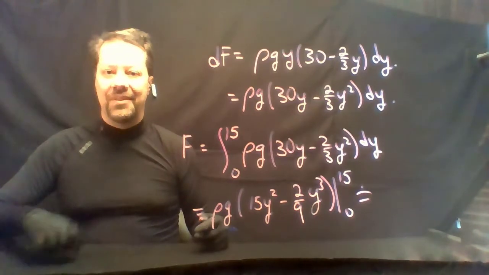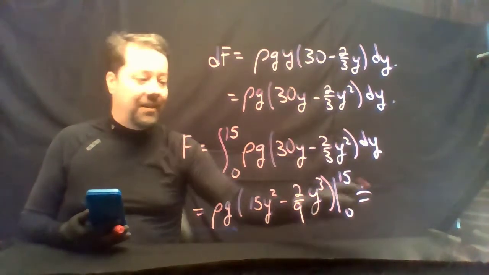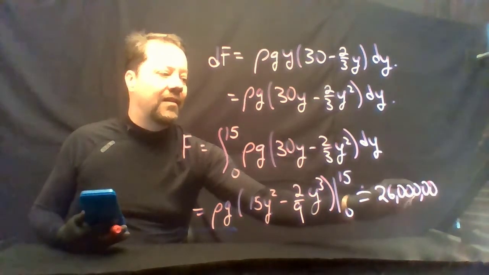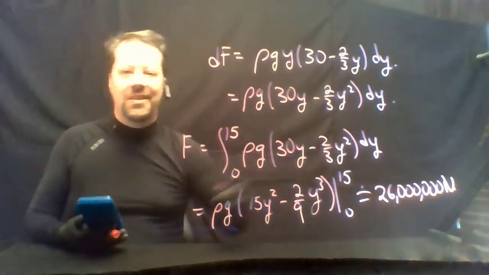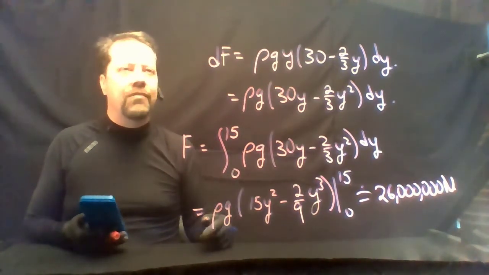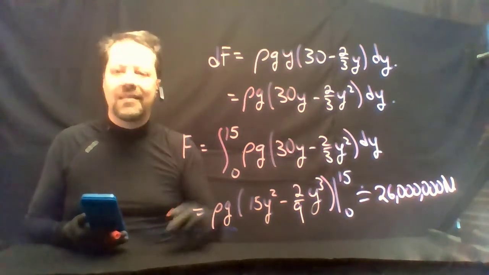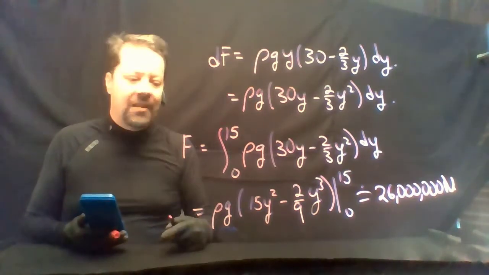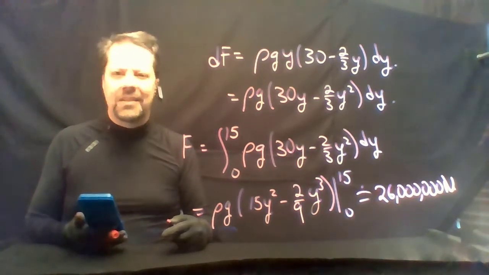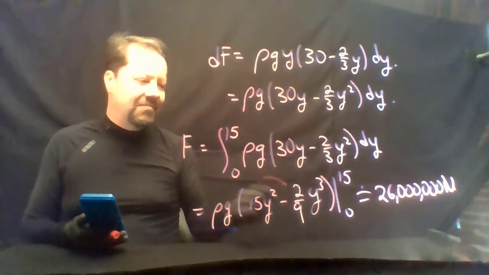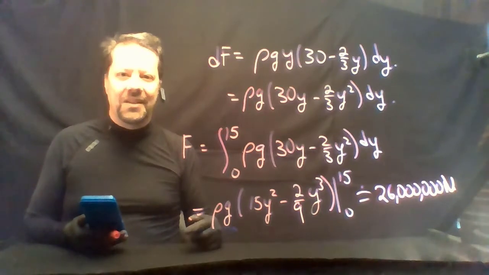What does that give you? My calculator is giving me about 26 million newtons of force, using the values 1013 for the density, 9.8 for the acceleration due to gravity, which is the limiting factor in terms of the number of significant figures. I guess we could have used 9.81. And then plugging in, about 26 million newtons.